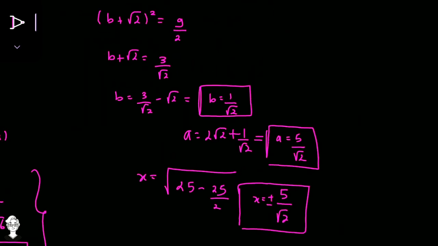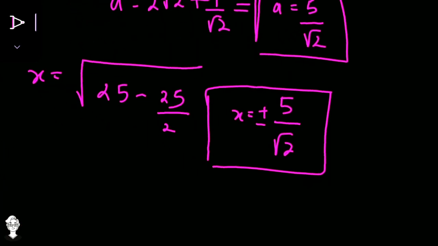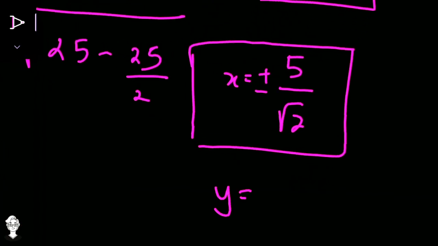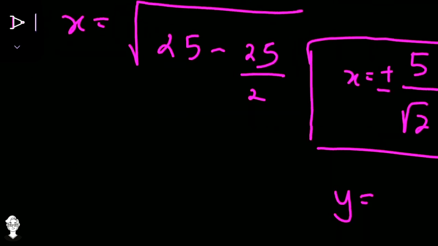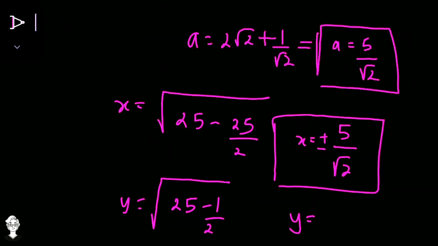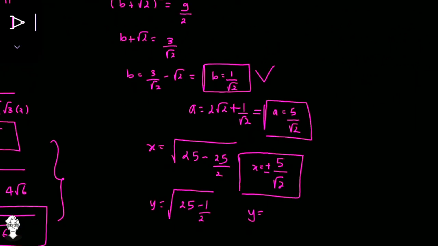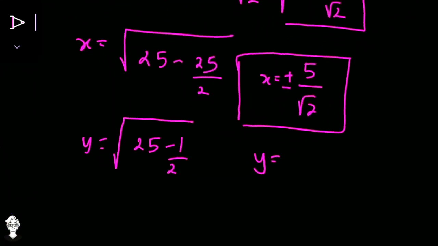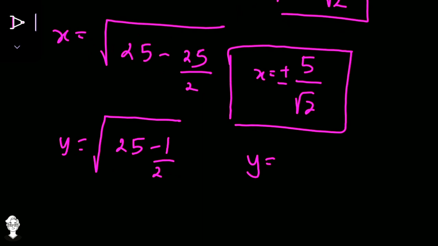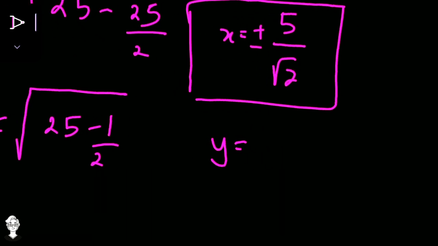Similarly for the value of Y we have square root of 25 minus 1 upon 2. Yes, the value of B is 1 upon square root of 2, so its square would be 1 upon 2. So 2 into 25 is 50, 50 minus 1 is 49, so 49 under root is very nice, that is 7.